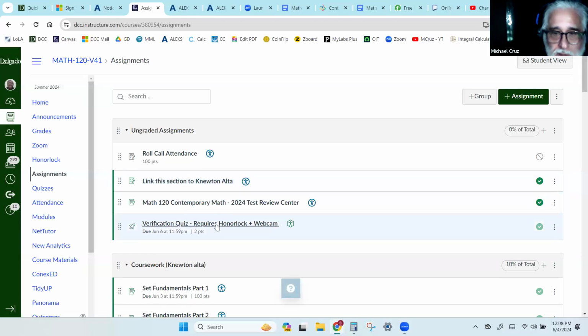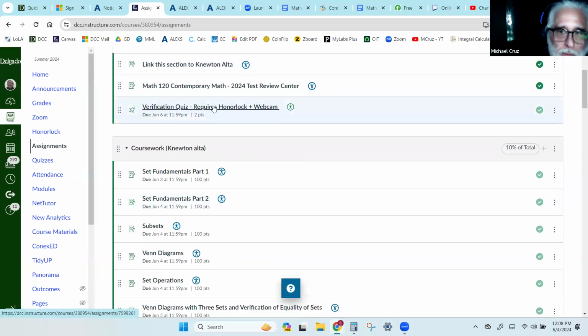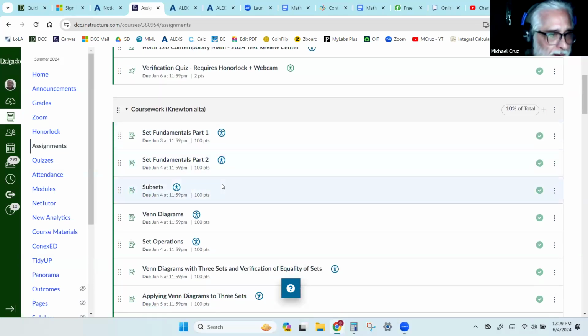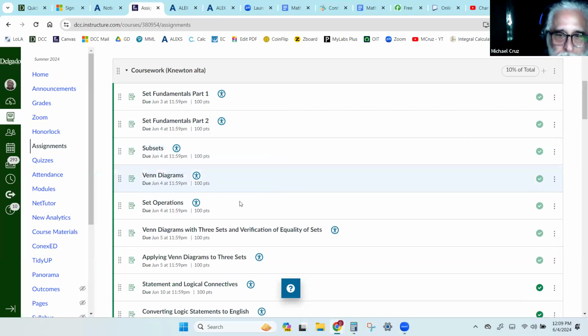This is the thing people were asking about, the Honorlock thing. And then these are the assignments, what we would call the homework assignments, the 10% of the total grade. These generally show you an explanation and give you credit for answering.